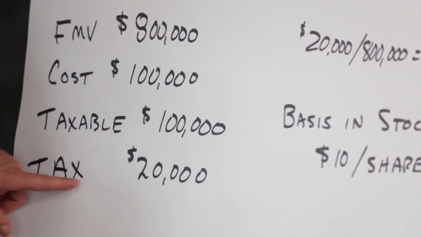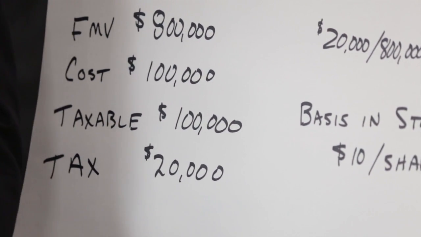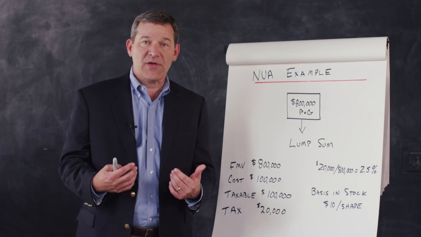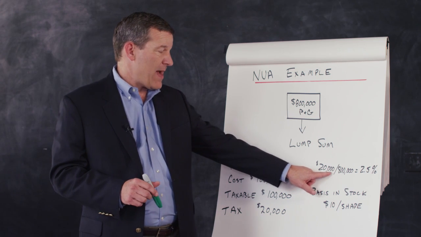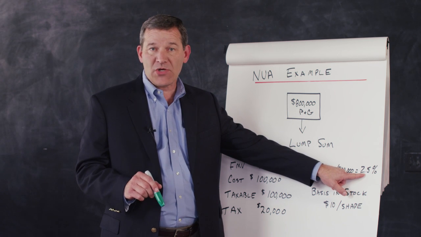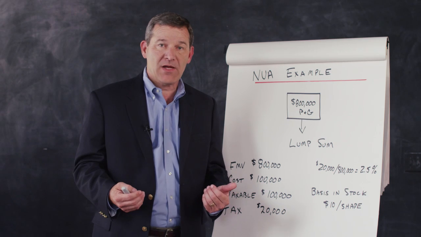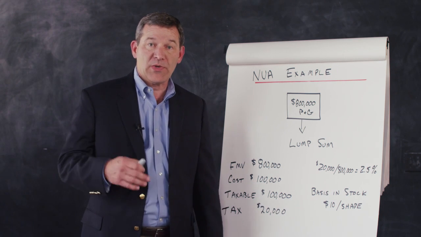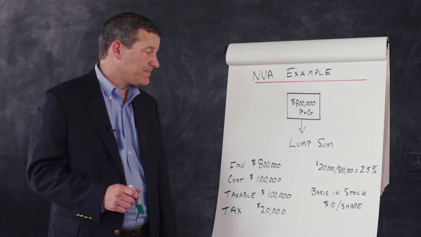If you think about a 20% tax bracket, she's going to write the IRS a check for about $20,000 to pull $800,000 out of her retirement account. If you calculate that tax cost, that's a tax cost of 2.5% to pull out $800,000. That's a huge opportunity to reduce your income taxes on your retirement assets.